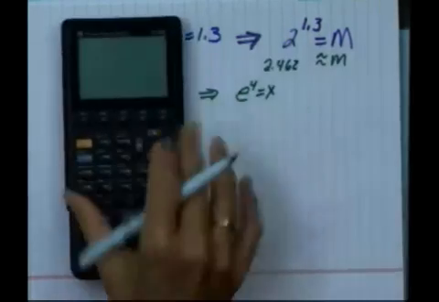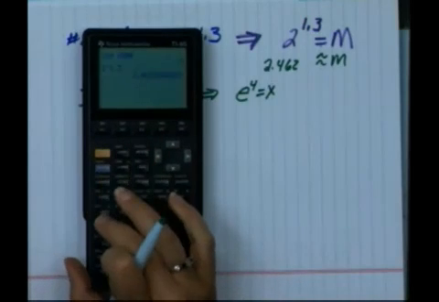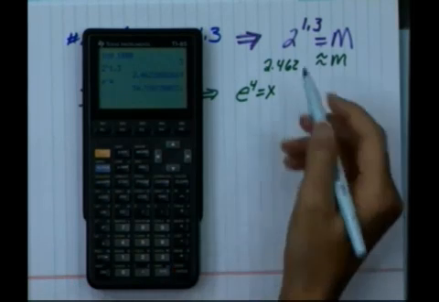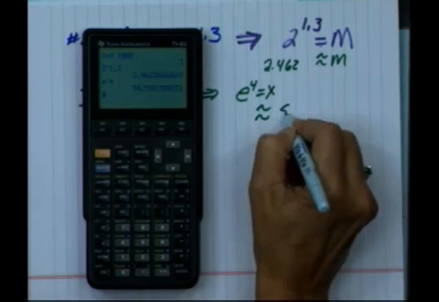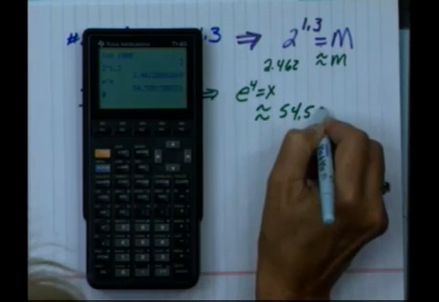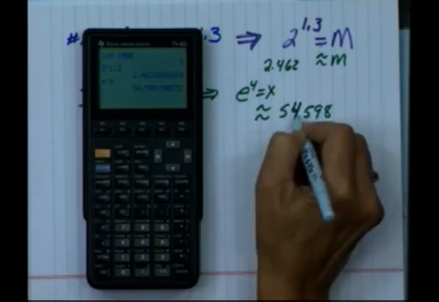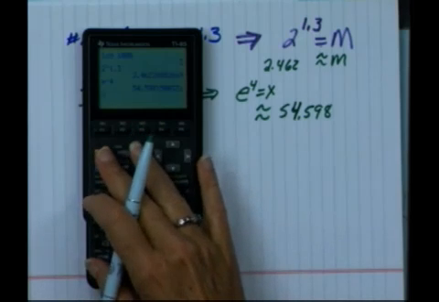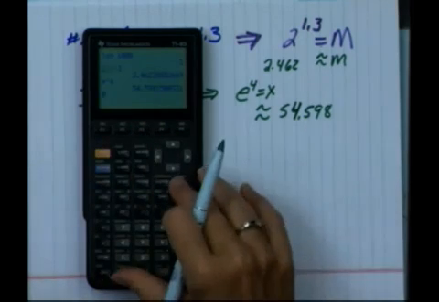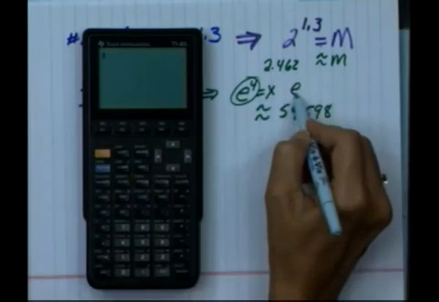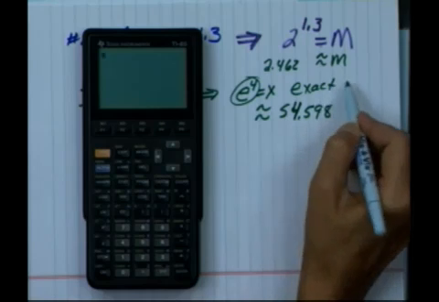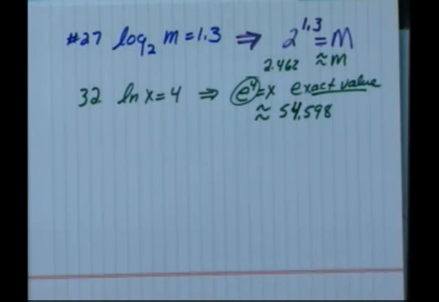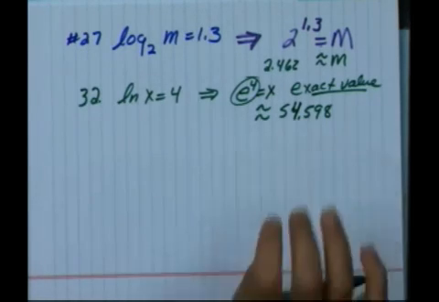What's e to the 4th about equal to? e raised to the 4th is approximately 54.598, because e is about 2.72, so it's about 2.72 raised to the 4th. Oh, e to the 4th is called an exact value, and exact values are wonderful. I was just trying to give you a feel for what that was approximately equal to.